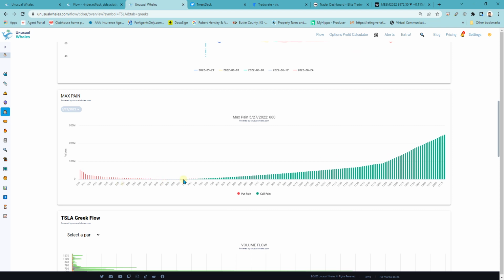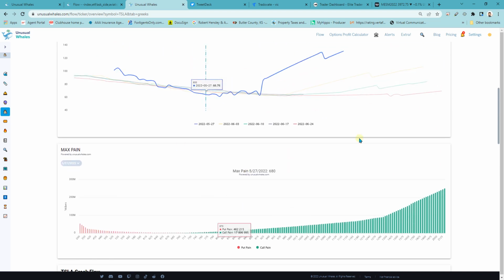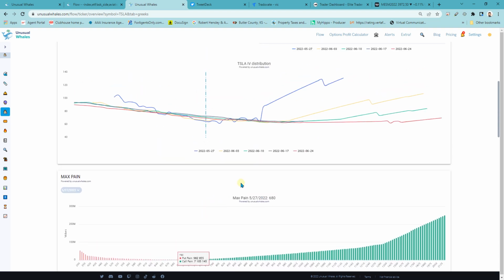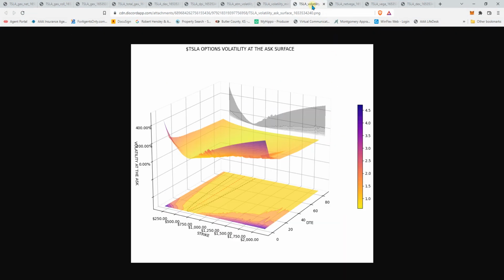You can also see a similar type of thing here with just the max pain, and then you can see how the skew is up. So that's matching with what's going on up there at the IV. So keeping those two things in mind, and the different looks at it, here's the options volatility surface.